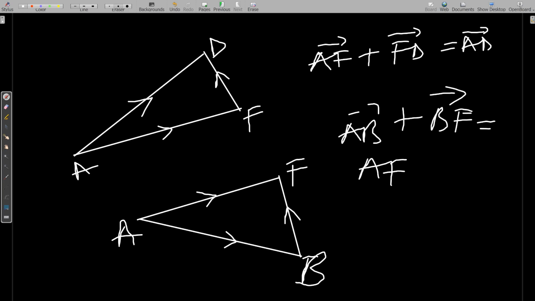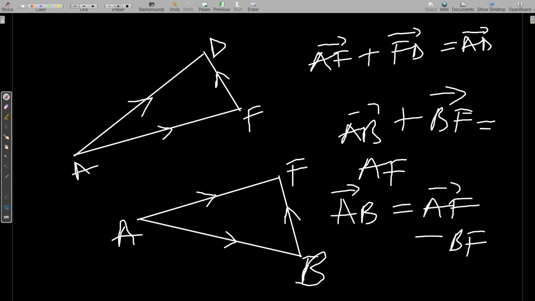I hope you understand this, and that with this AB will then be given by AF minus BF. So this is what we have here.